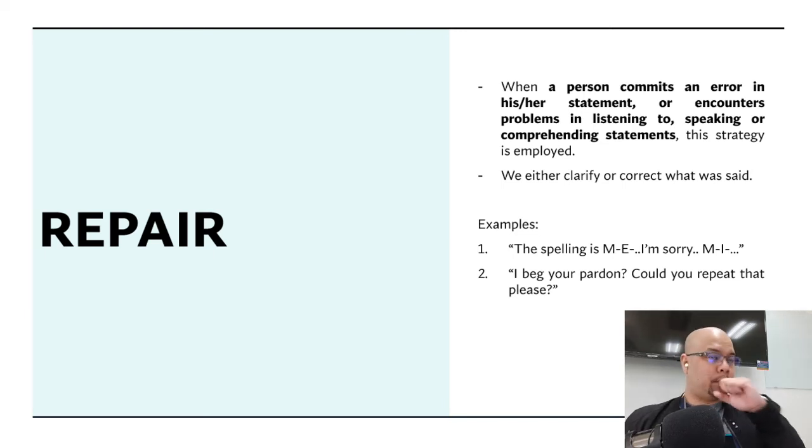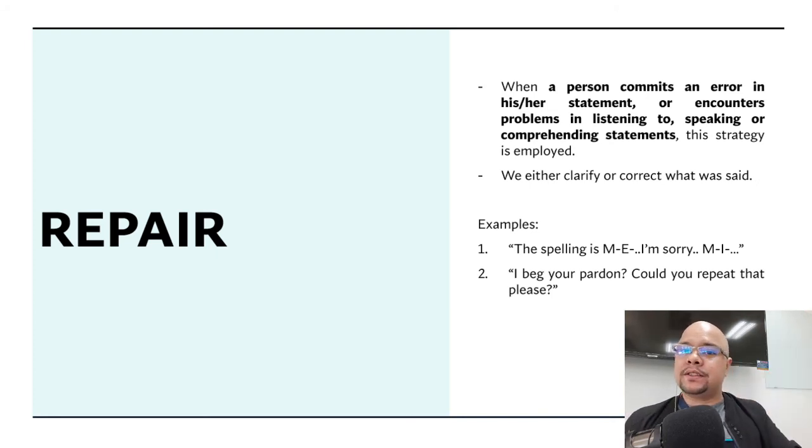So, when a person makes a mistake, we usually self-correct. We say, I'm sorry, I meant this. And sometimes when we commit errors in pronunciation, we say the word once more. Okay, so this is an example of repair.